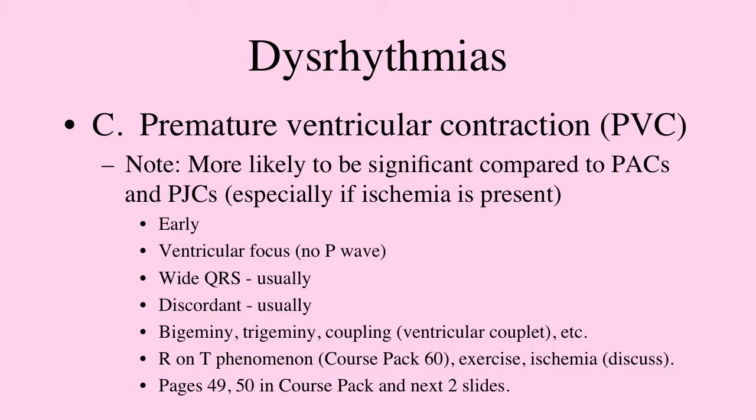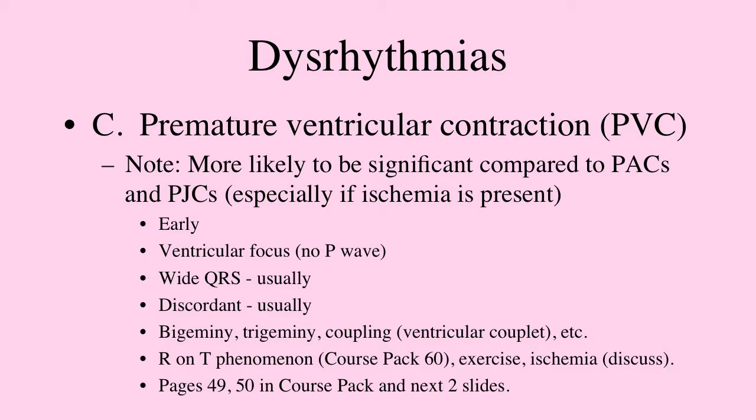PVCs are generally not a huge problem, but if they tend to hit on the T wave, and if you look ahead in the course back to page 60, there's a normal beat, a PVC that missed the T wave, and then a normal beat. Then the next PVC hit right on the T wave, and it came so early it hit on the T wave.